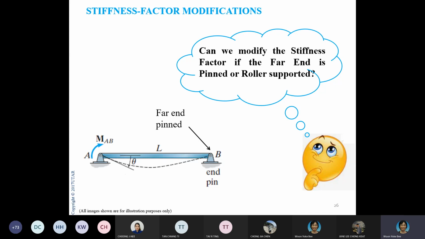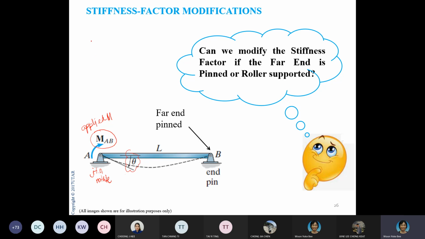So if the far end now is pin and I apply a moment of MAB here, this is my applied moment. What would happen is, if you apply a moment here, joint A will rotate by an angle of theta. So how are we going to find out how much of this rotation?